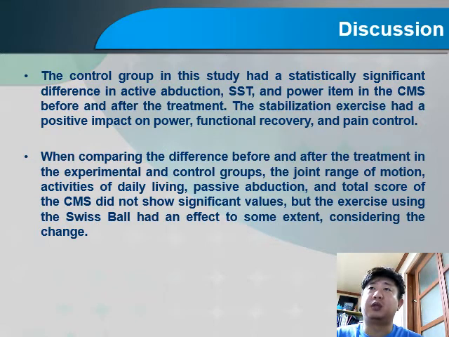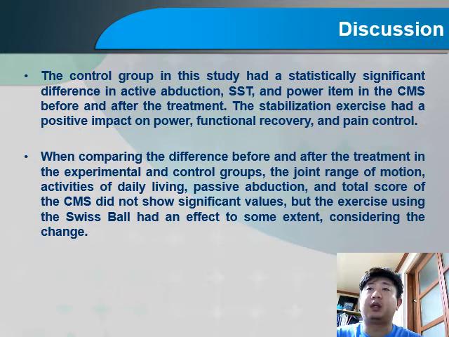The control group in this study had statistically significant difference in active abduction, SST, a simple shoulder test, and the power item in the CMS before and after the treatment. The stabilization exercise had a positive impact on power, functional recovery, and pain control.